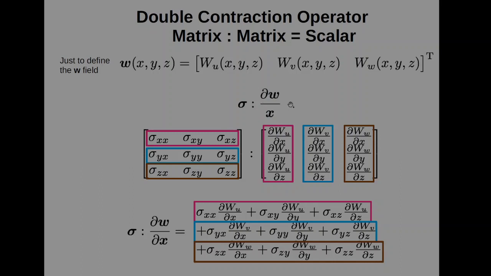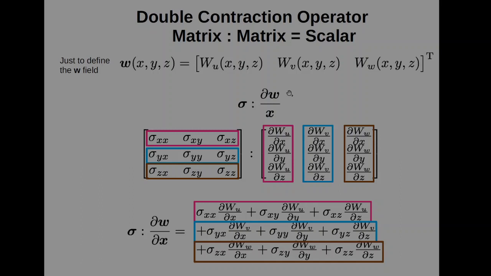This partial of a vector with another vector will give us a matrix. First entry, partial derivative with respect to all the variables of X. Second entry, which is WV, partial derivative with respect to X, Y, and Z. WW, partial derivative with respect to X, Y, and Z. That's it. So this is the one matrix that we have from the stress side. This is now this matrix we get from this gradient of the W with respect to X.